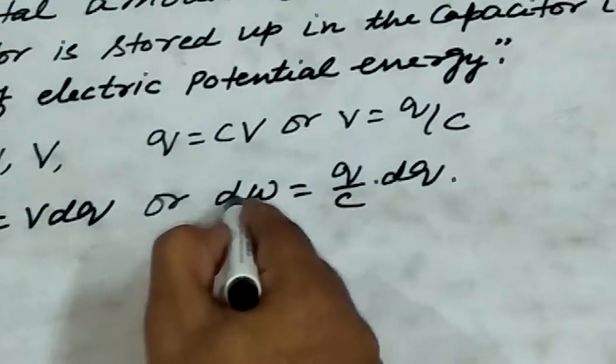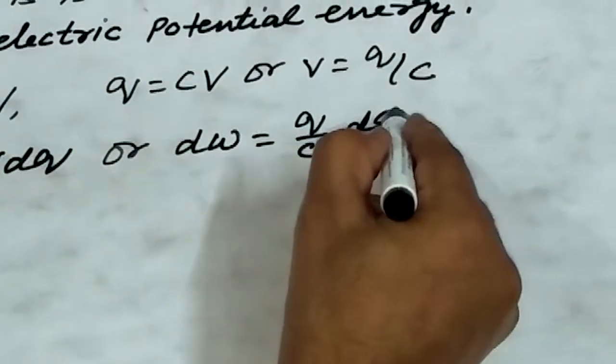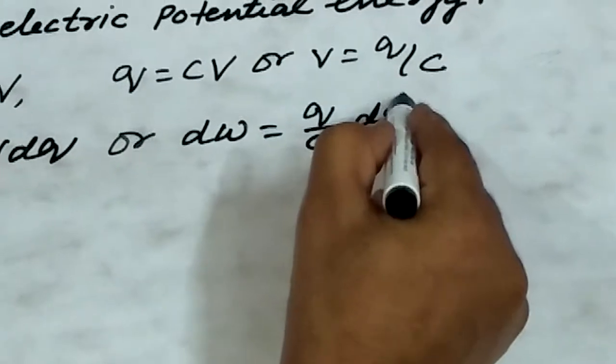This is the small work done in charging the capacitor through a small charge dq.